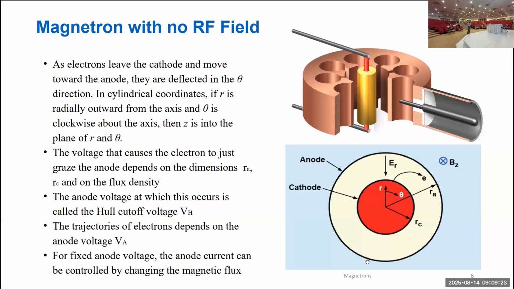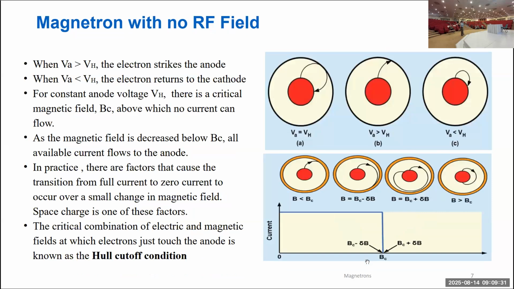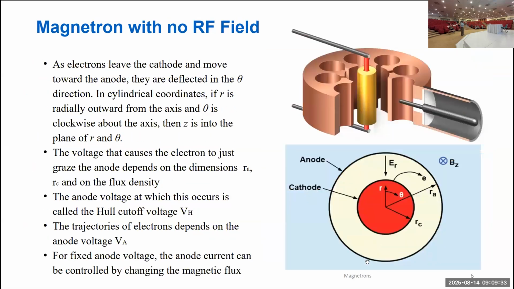If your magnetic field is very strong, this emitted electron will spiral back to the cathode, hit it back, and will produce heat. And if it is weak, for a fixed anode potential, it will hit the anode.